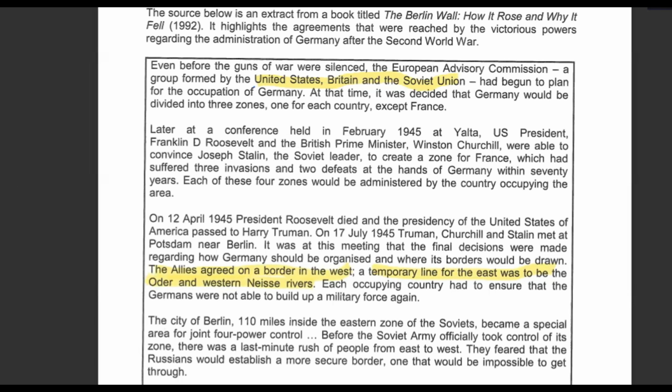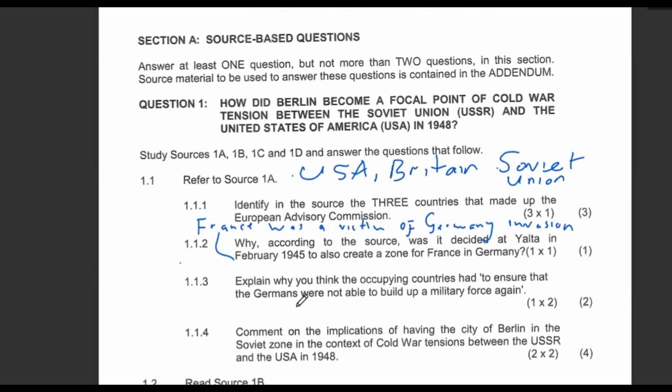So let's go back to our question paper where we are going to write these possible answers. So the Allies, the first thing is that the Allies agreed on a border to the west. So you can actually say that a border to the west was agreed upon, or a border to the west was set up.